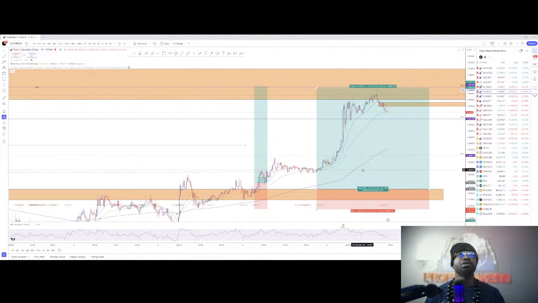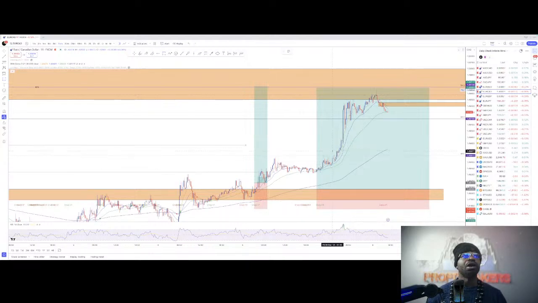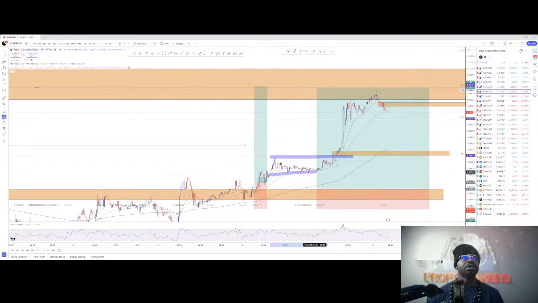Okay, so there's a possibility that we could pull back to our first TP. This is where we had structure. So right here, where that range was, this would have been those structural highs before they were broken by this move to the upside. That break was never retested, so there's a great chance we could see this before we actually hit our TP3.